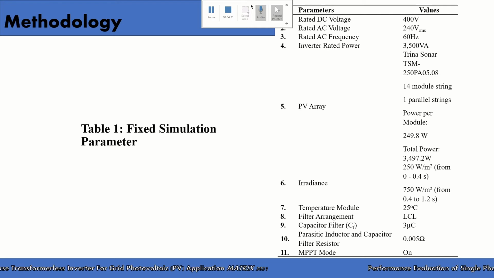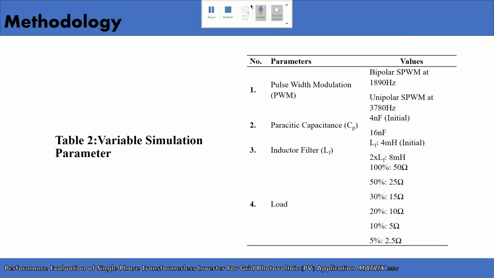As we can see in table 1, the parameters listed here are fixed in the simulation circuit. And furthermore, table 2 shows the parameters that will be changed in the simulation to be tested for performance.